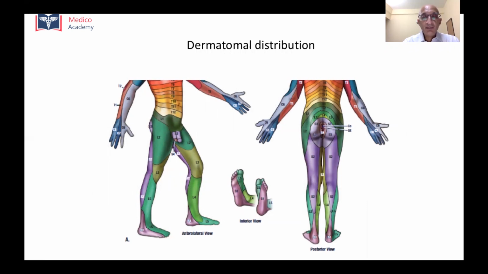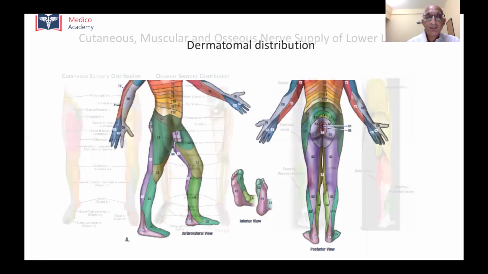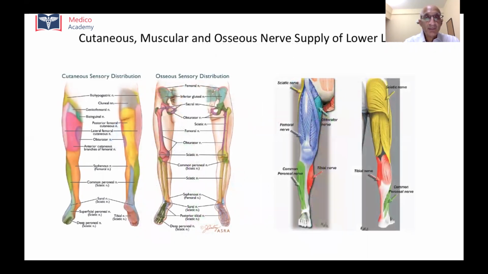Dermatomal charts are helpful, and not only them, but also the muscular and the bony nerve supply of the part which we intend to block. So they are important knowledge base before we embark on lower limb anesthesia, peripheral anesthesia.